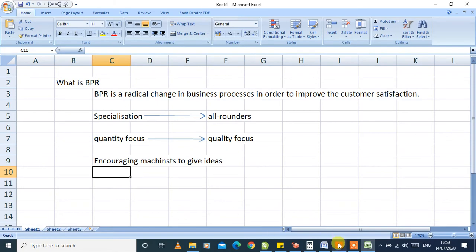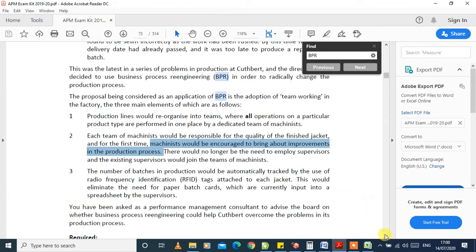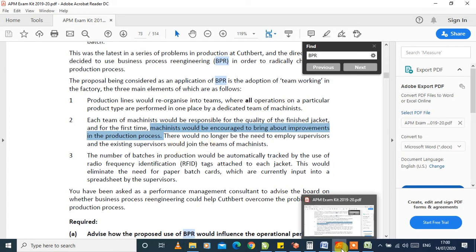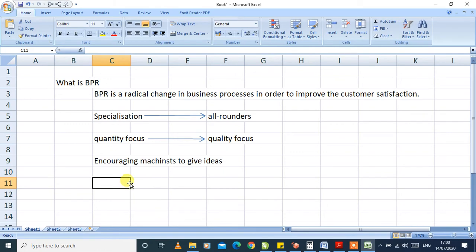So that's another advantage, another benefit that BPR is bringing to this company. There would no longer be the need of employee supervisors, and existing supervisors would join the team. This will be a cost saving for you. Cost saving due to no supervisors. So that's another improvement.